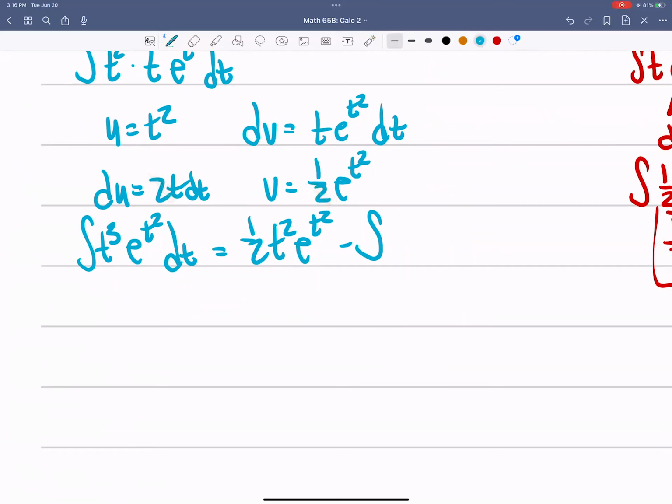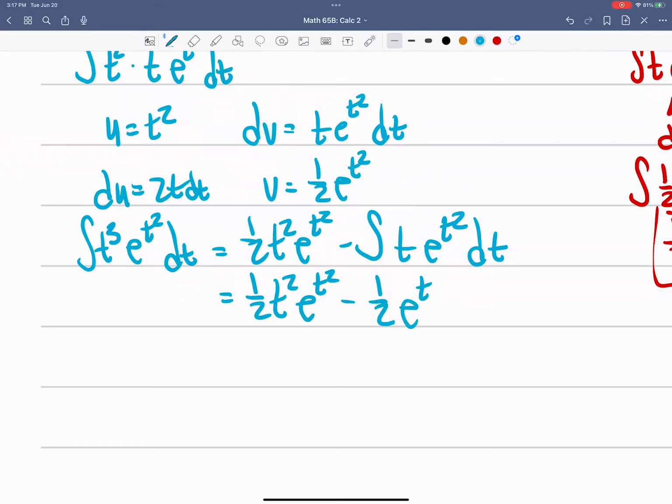So we're left with t e to the t squared dt, which we already know how to integrate because we just integrated that. So we have 1 over 2 t squared e to the t squared minus 1 over 2 e to the t squared plus C.